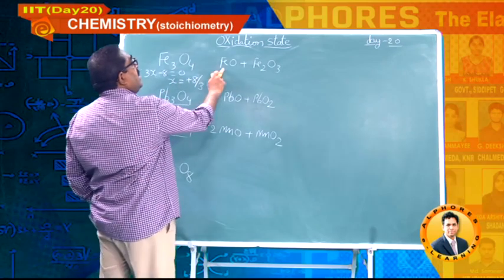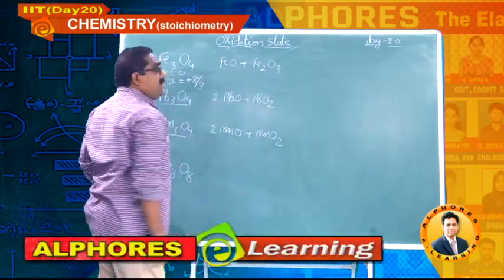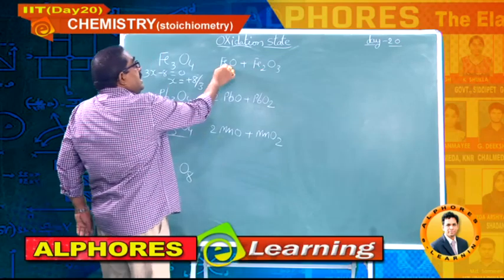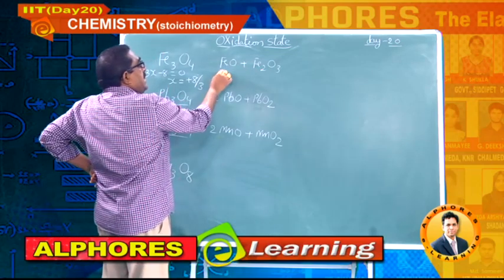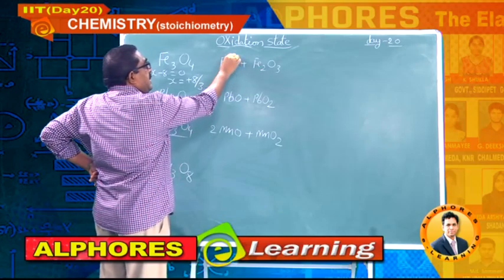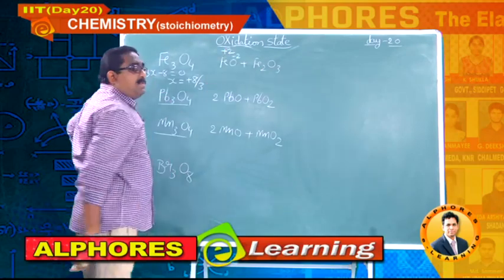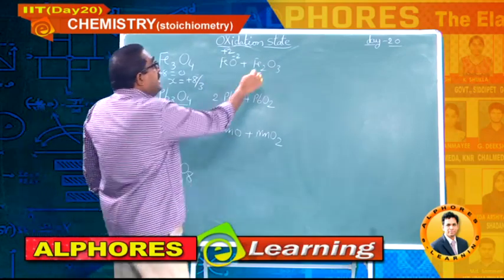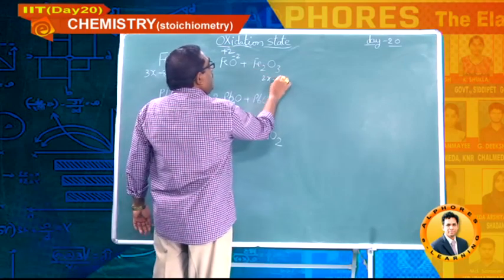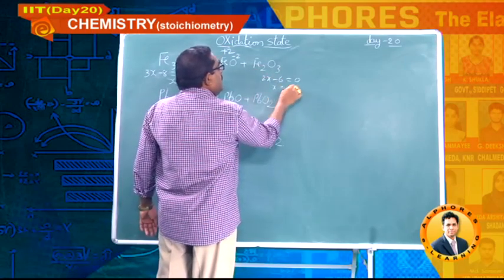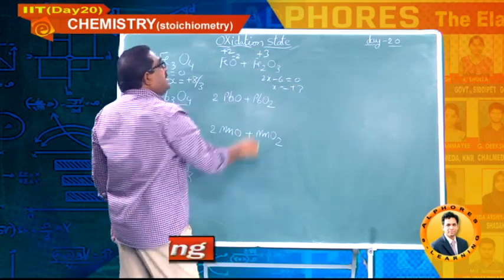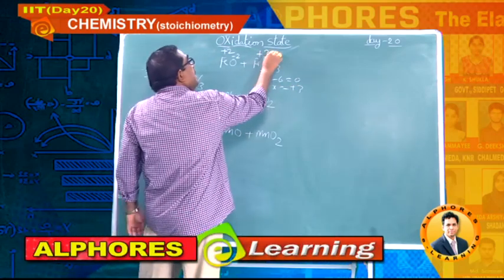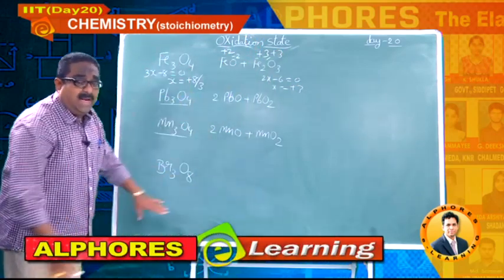It contains one FeO and one Fe2O3. Here for FeO, oxygen is minus 2, so for iron it is plus 2. In Fe2O3 again 2x minus 6 equals 0, x equal to plus 3. So for both the irons it is plus 3.